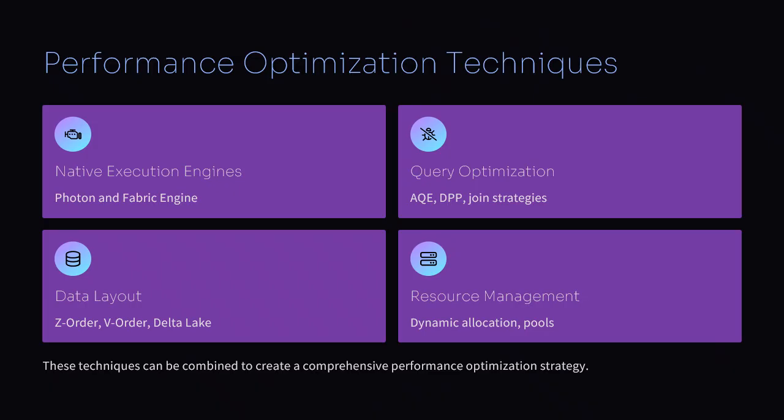Performance optimization in Databricks and Microsoft Fabric hinges on 4 key areas: native execution engines, query optimization, data layout, and resource management. Databricks' Photon engine is a native vectorized runtime that accelerates SQL and data frame operations by maximizing CPU parallelism.